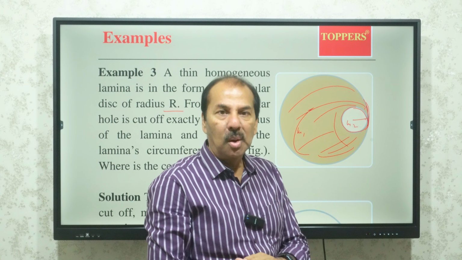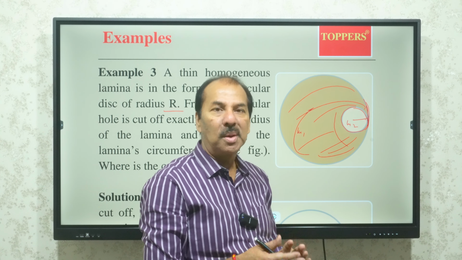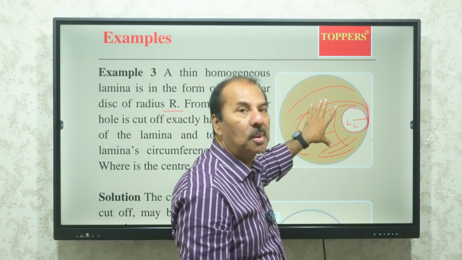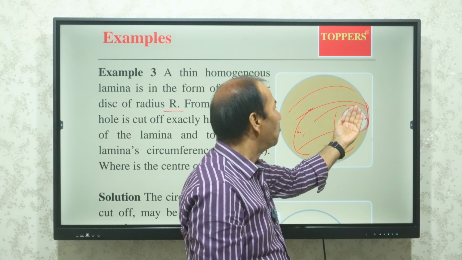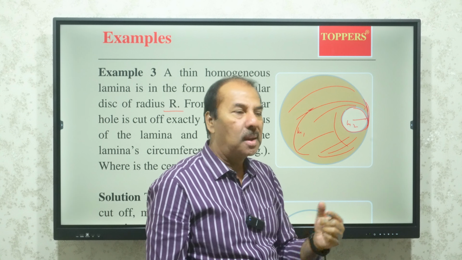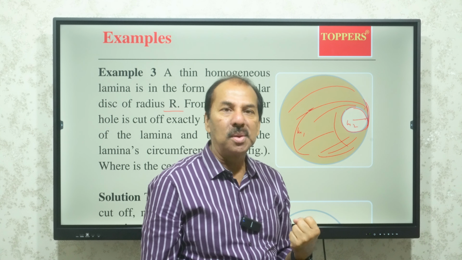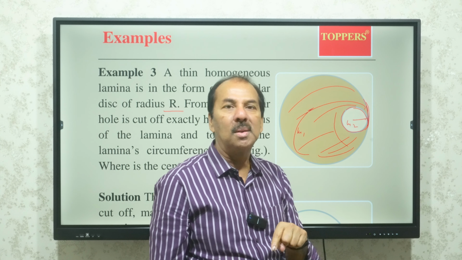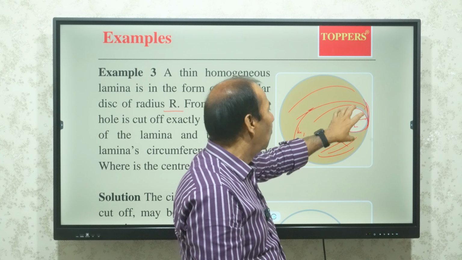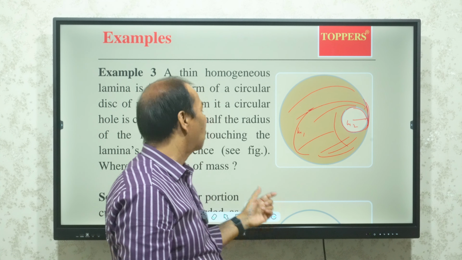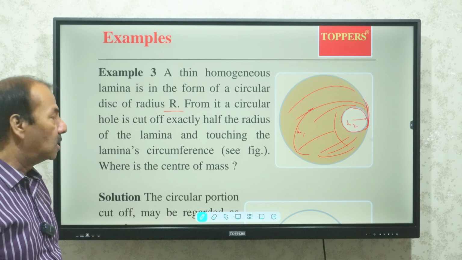If it is also along the y-axis, then we get m1 y1 plus m2 y2 upon m1 plus m2. But this mass is not part of this. This is a hole here. It has been taken out. So if addition of mass we consider with a plus sign, then removal of mass we consider as a minus sign. That is the only thing. From there we get the concept of negative mass, when the mass has been removed, not added. So using this concept we will calculate the center of mass of this.